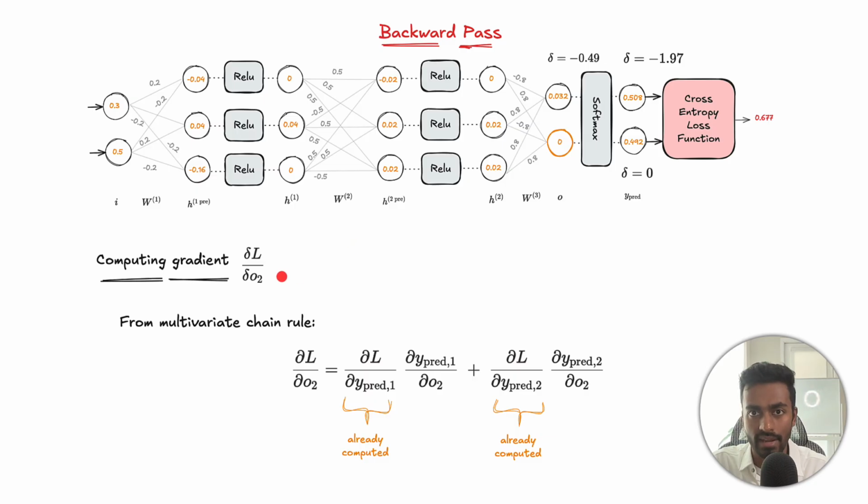Next, we determine how changing this output affects the loss. It is given by the gradient of L with respect to O2. Here too we use the multivariate chain rule, where we need to compute how this neuron is affected by changing this neuron, and how this other neuron is also changed by affecting this neuron.